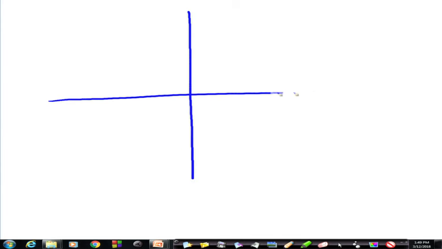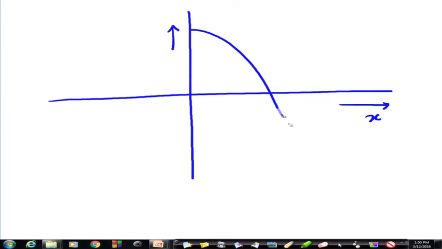Say I have got a function, x and y, and a function is something like this. Now, I want to find out this point, what is the value of x for which y is 0.